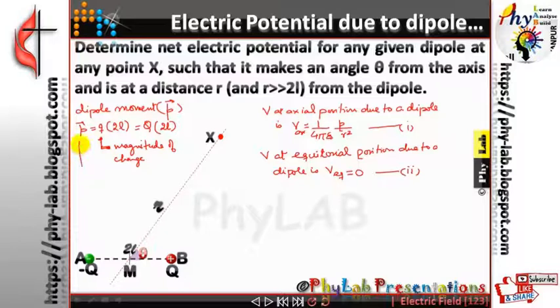Remember, dipole moment is a vector quantity, and its sense of direction is directed from negative charge to positive charge.